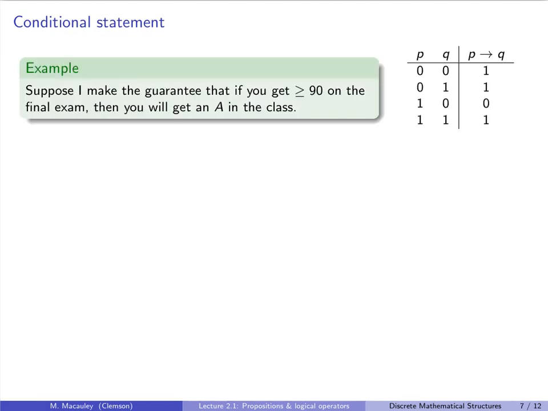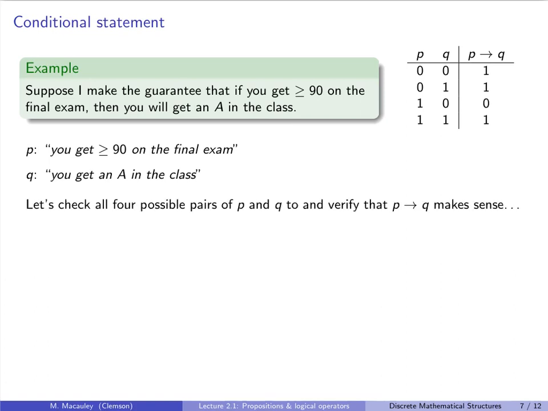Suppose I make the guarantee that if you get at least 90 points on the final exam, then you will get an A in the class, no matter what. So here, P is the statement that you get at least 90 on the final exam. Q is the statement you get an A in the class.